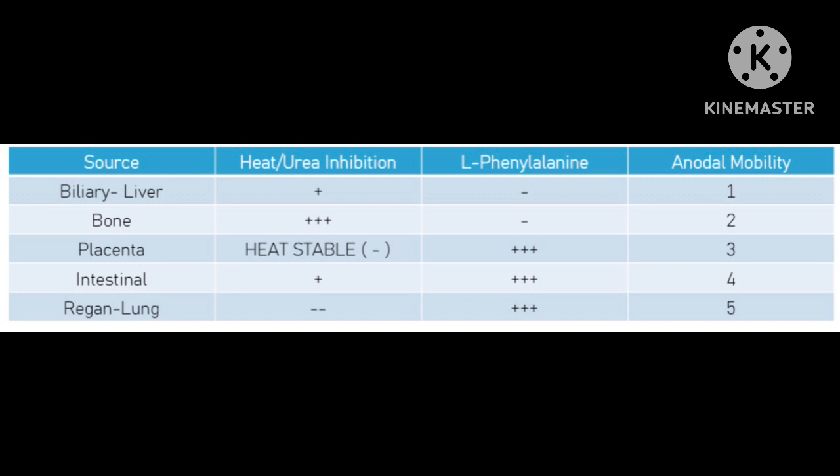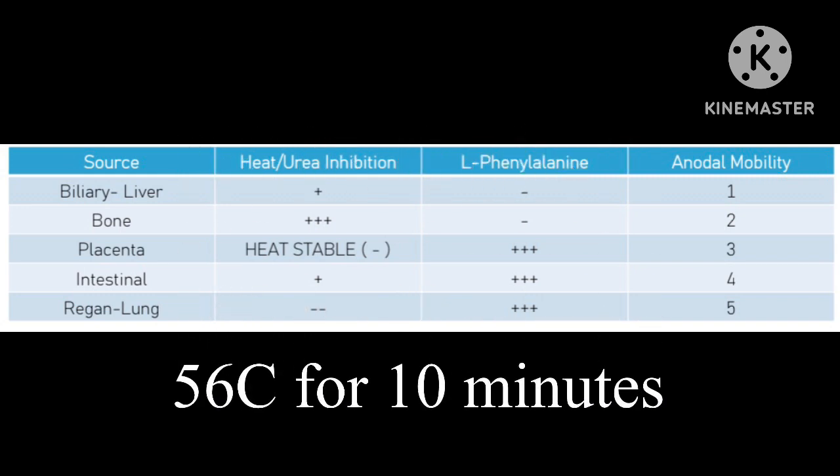Difference in heat stability is the basis of a second approach used to identify the isoenzyme source of an elevated alkaline phosphatase. Typically, alkaline phosphatase activity is measured before and after heating the serum at 56 degrees Celsius for 10 minutes.